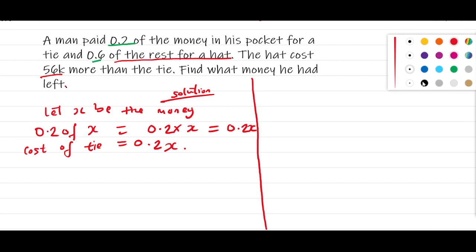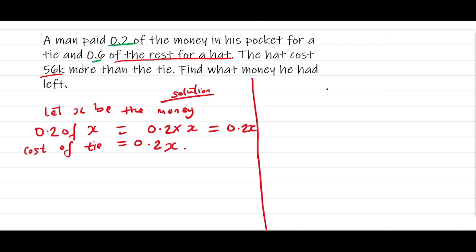Now let's observe that this 0.6 of the rest, we cannot just blindly proceed and say 0.6 of x. No, because you will be getting 0.6x, but it is not 0.6 of the money. It is 0.6 of the rest. So what is that rest?